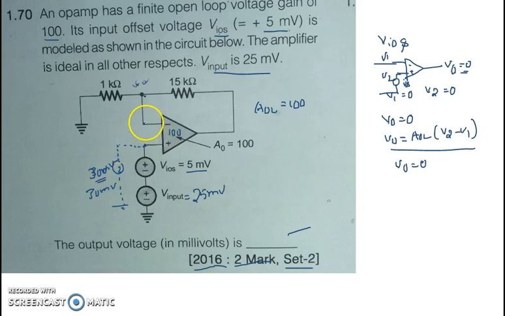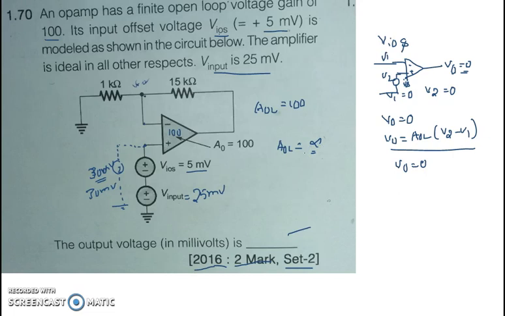Then we would expect 30 millivolts at the inverting terminal too, due to the virtual ground concept. But the virtual ground concept applies especially to an ideal operational amplifier, that is, if the open loop gain of the operational amplifier is infinity.